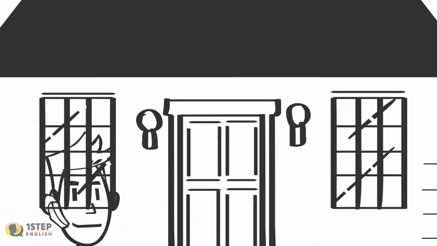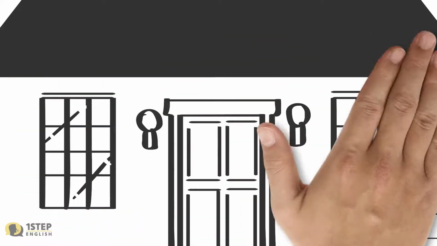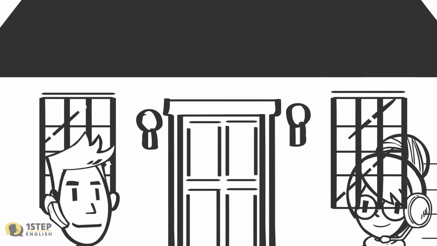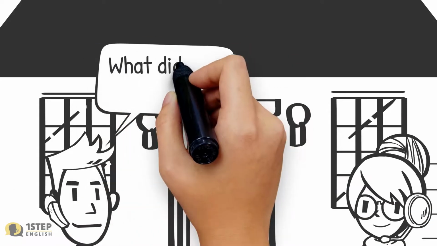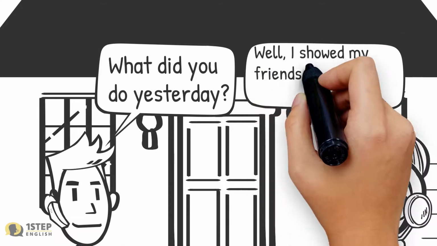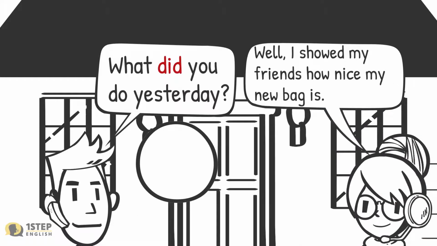Let us see how we use the base form of the verb in our daily conversation at home. What did you do yesterday? Well, I showed my friends how nice my new bag is. In the sentence, what did you do yesterday, the conjugated verb is did.